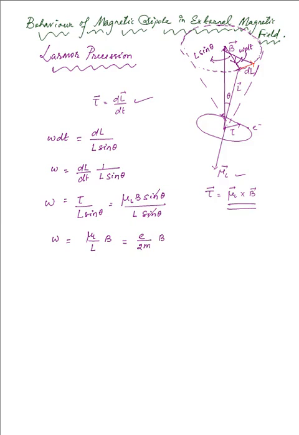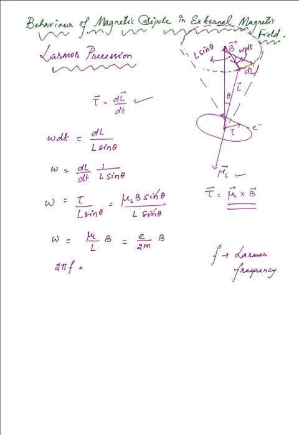So the angular frequency omega is equal to 2 pi times the frequency. So the Larmor frequency that we were talking about, 2 pi times f, where f here is the Larmor frequency, or the frequency with which the angular momentum precesses about the external magnetic field.